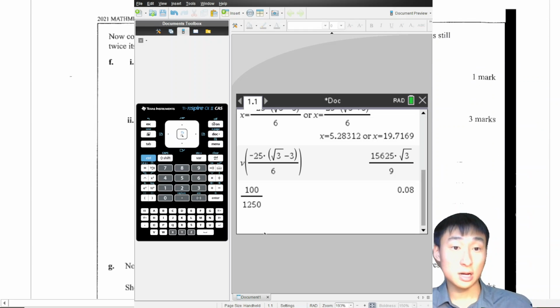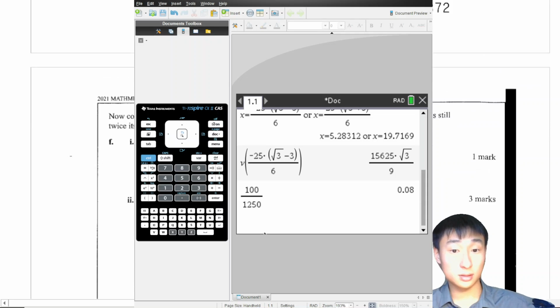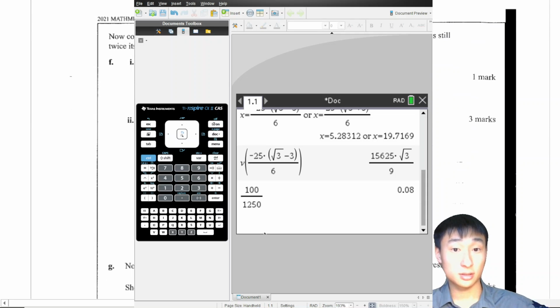Now consider a box made from a rectangular sheet of cardboard where h is larger than 0 and the box's length is still twice its width. Let V box be the function that gives the volume of the box. State the domain of V box in terms of h. Wait, h is larger than 0. Okay, so h isn't 25 anymore, it's just larger than 0.